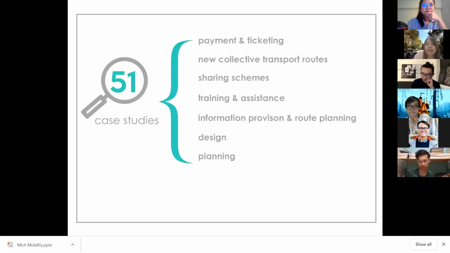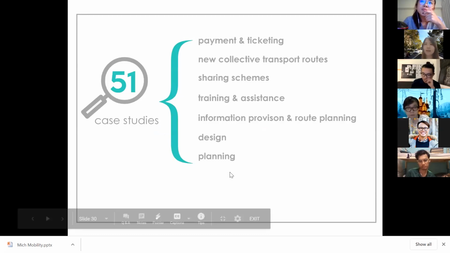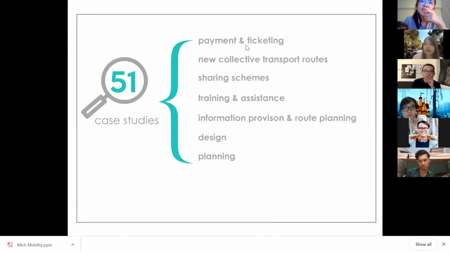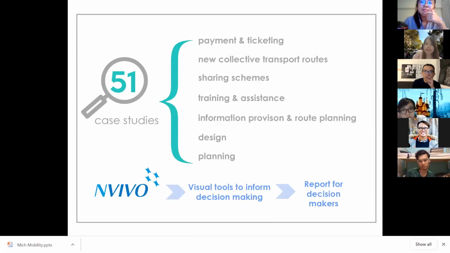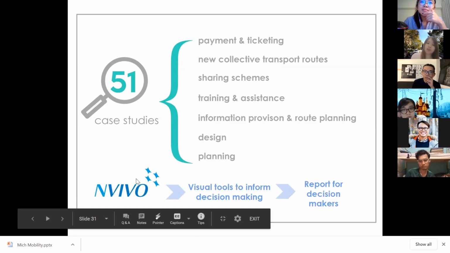And what I do for Inclusion is basically I have these 51 case studies from different cities, focusing on a few categories. All these case studies are ways to provide inclusive mobility solutions. And what I did was use this software called NVivo. It's a qualitative data analysis software.